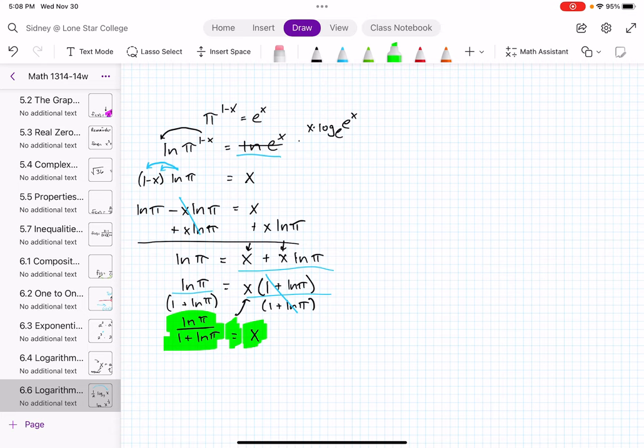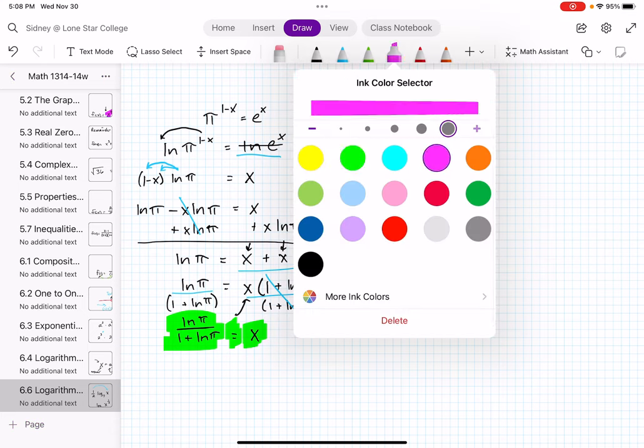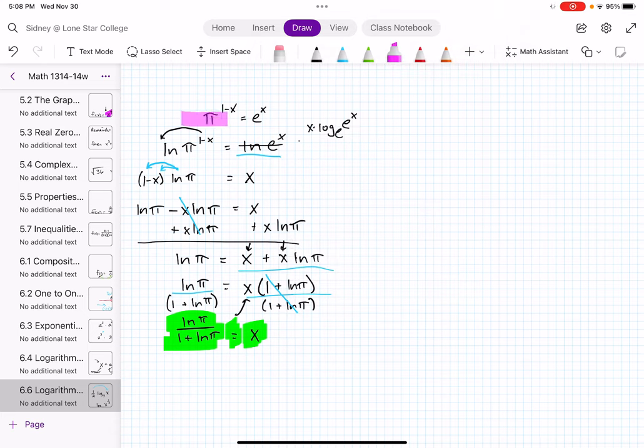So when I look back up here to my original equation, that is the original equation. I had x's on this side, and I had x's on this side. I used my log properties to get access to them. I took the natural log of both sides, which simplified this right-hand side to just be x. The left-hand side, I used my log property to put that 1 minus x out front.